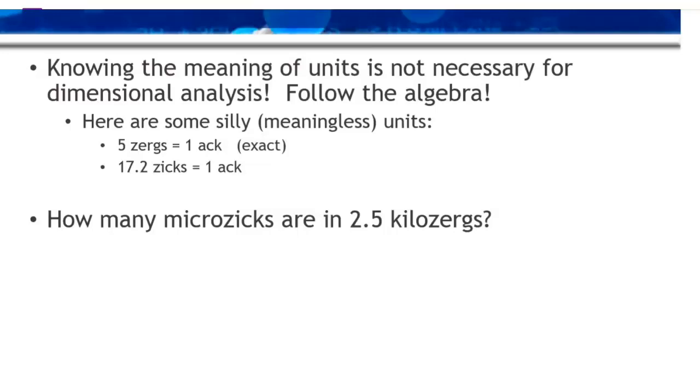Let's see, how many microzirks are in 2.5 kilozirks? Here are our conversions given. 5 zirgs per 1 ACK, which is exact. 17.2 ziks per 1 ACK, apparently not exact. So again, we're going to start with what we're given, 2.5 kilozirgs. I'm just going to set it up.